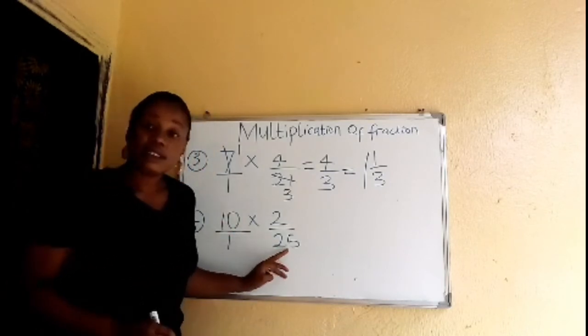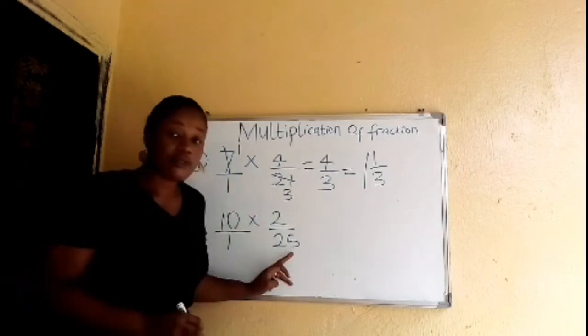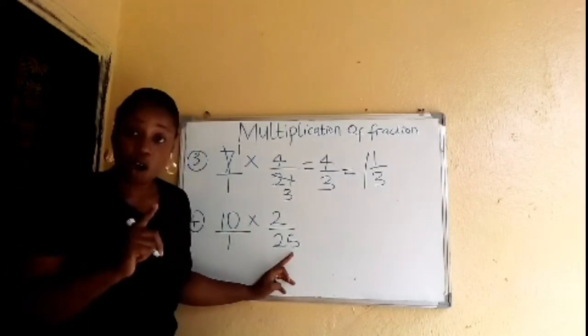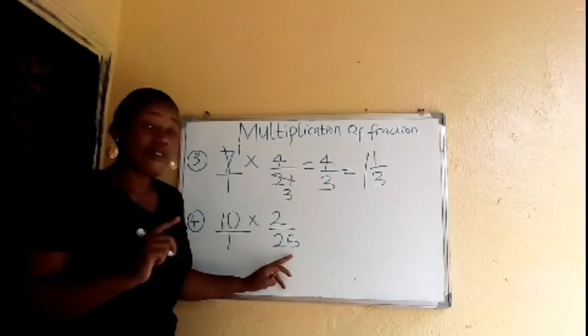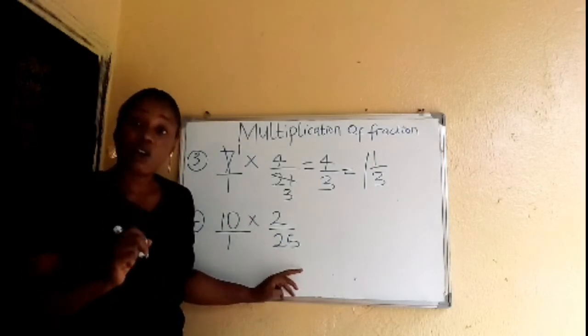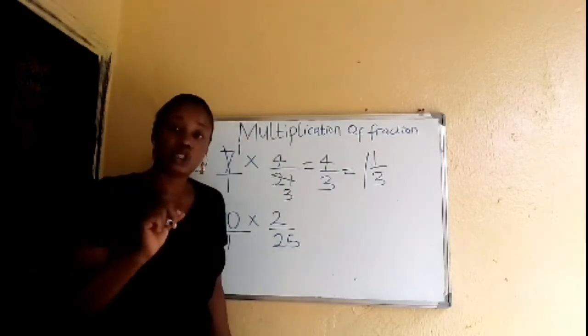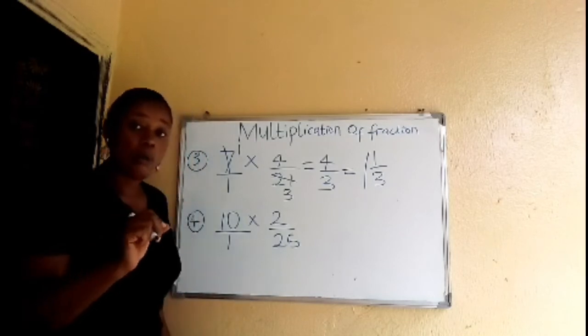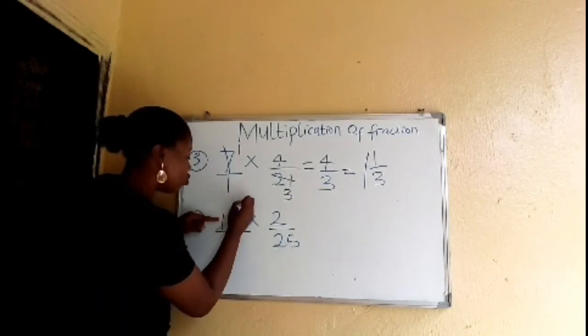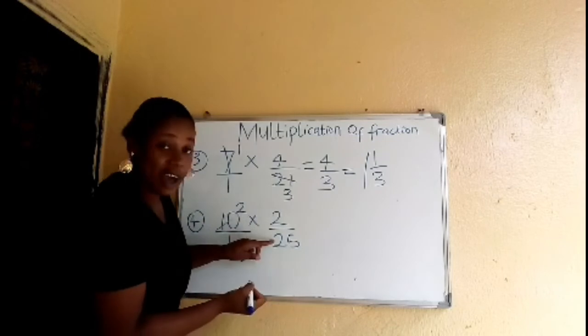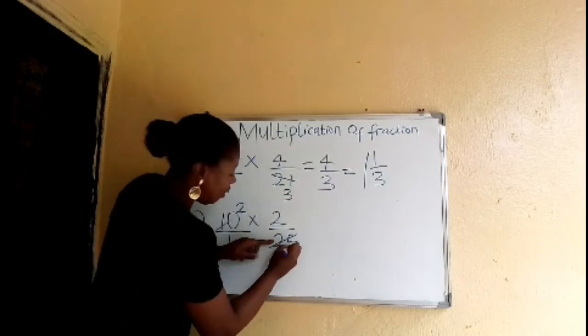But the two, 10 and 25, those two numbers have a common factor. So we are going to use the common factor to divide. And that common factor is 5. 10 divided by 5 is 2. 25 divided by 5 is 5.